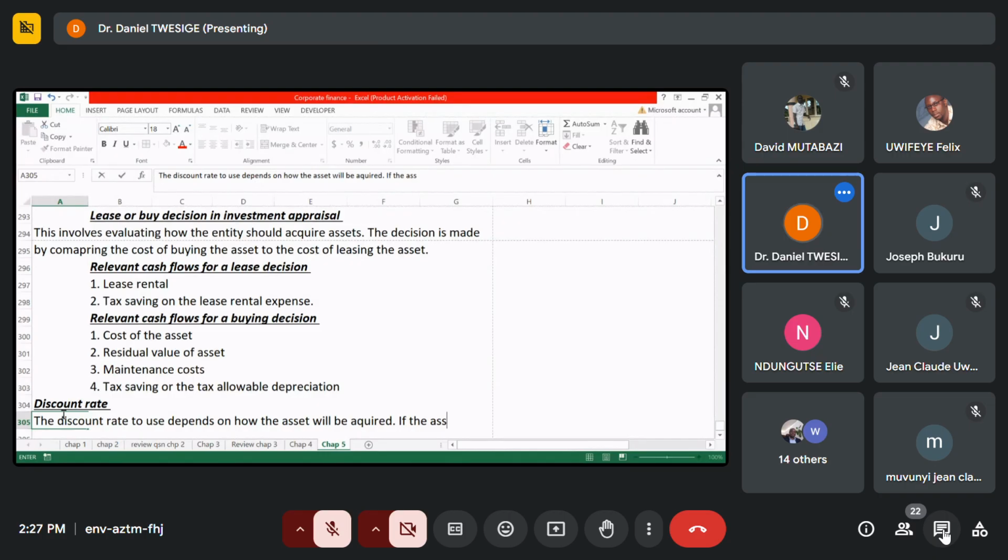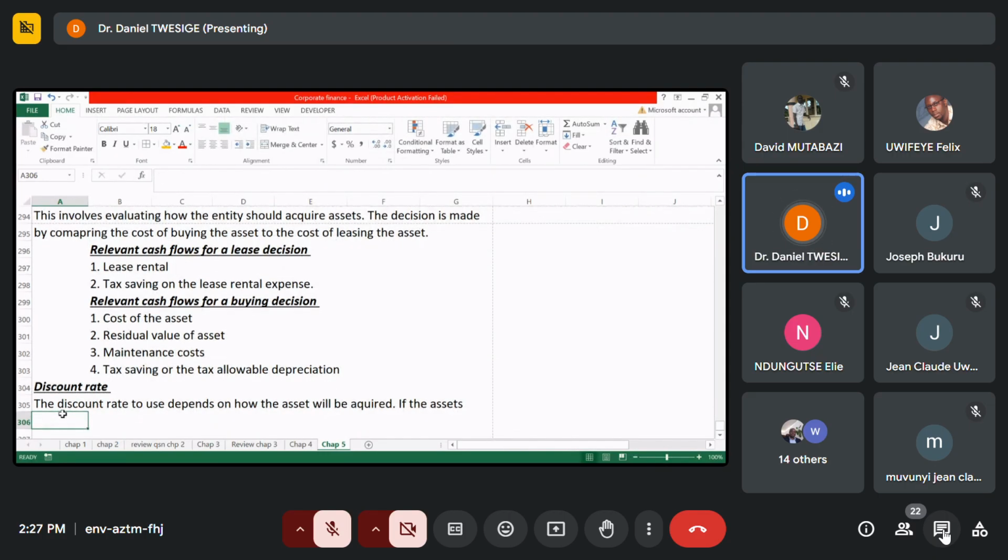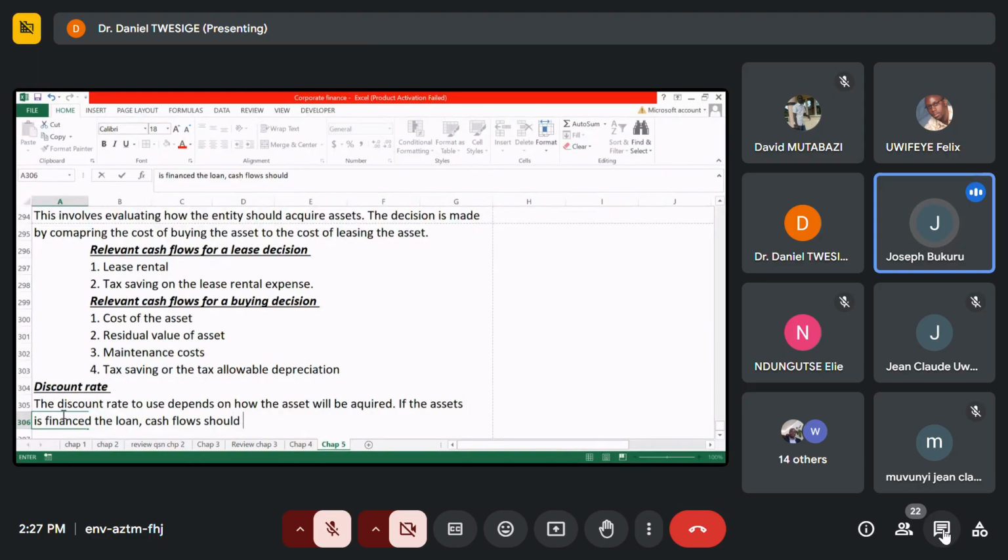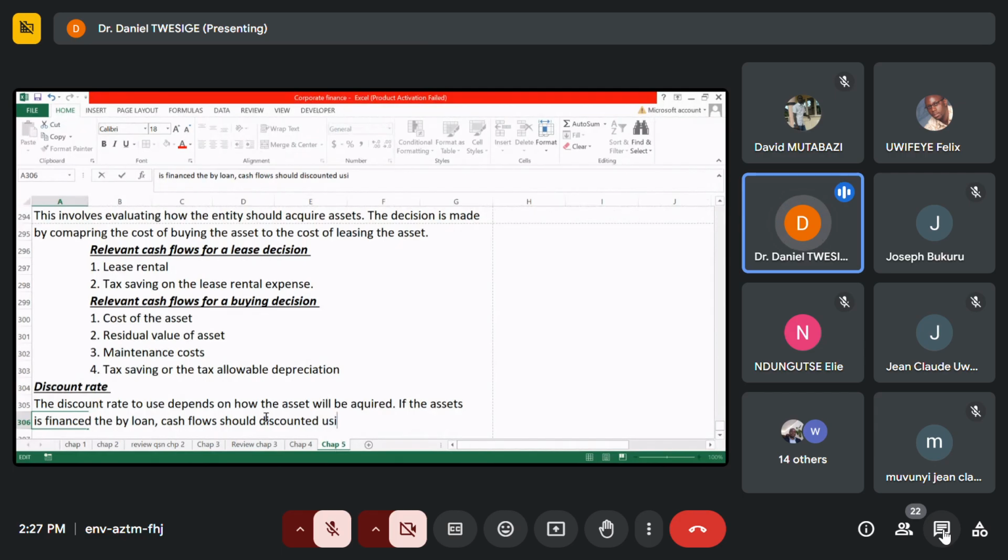If the asset is financed by loan, cash flows should be discounted using the cost of loan or debt.